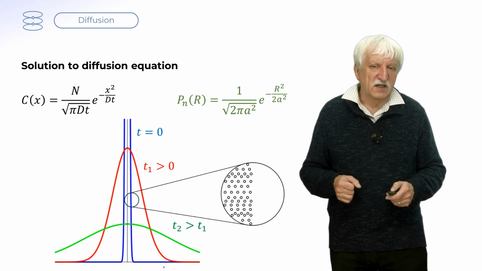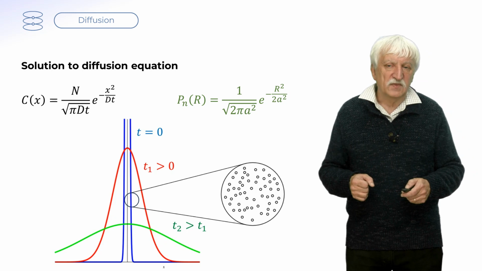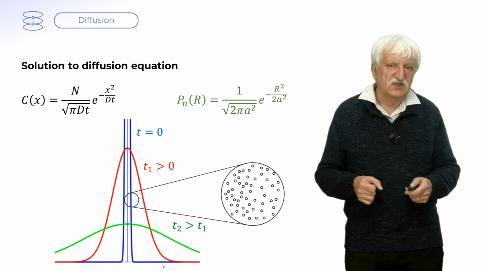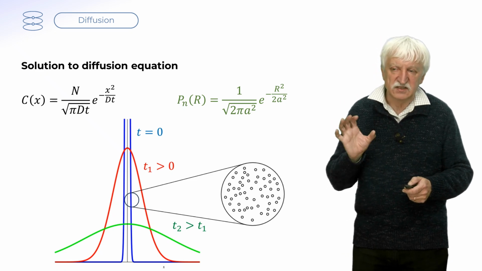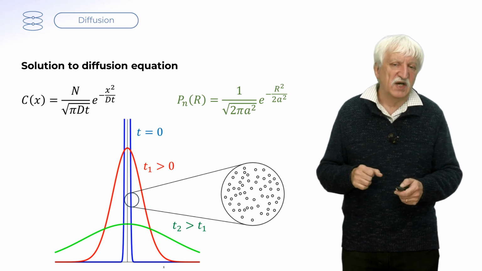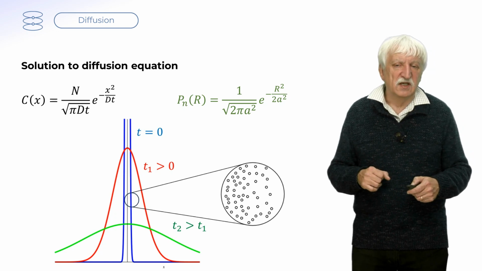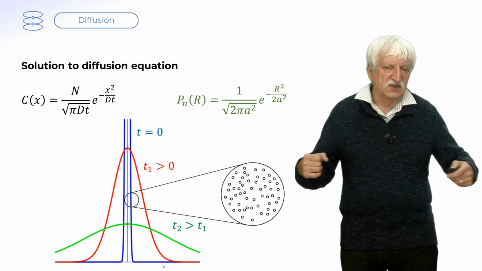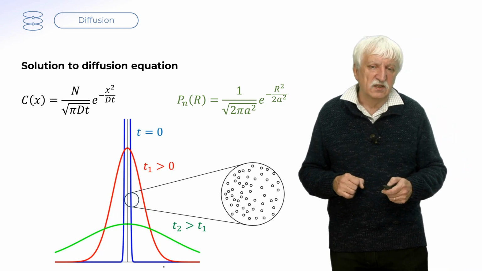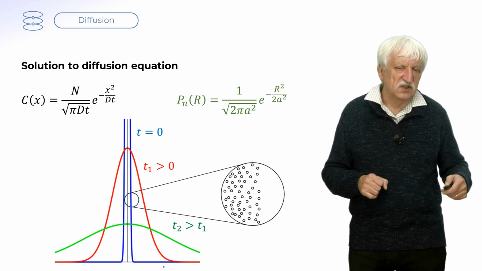Initially, at the moment t equals 0, it is assumed that all particles are very close to one point, very close to each other, but with time this distribution becomes wider and wider, from red to green color, as you see here.